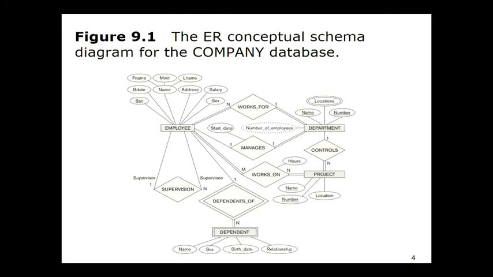So the likelihood I'm going to have nulls on the department side, if I put the employee ID of who's managing it and the start date of when they started managing it, is probably going to be really small, the number of nulls, if any. If I flip it to the employee side, like you said, I have 10,000 departments, but 80,000 employees, that means I'm going to have 70,000 of them that are null. That makes no sense, right?